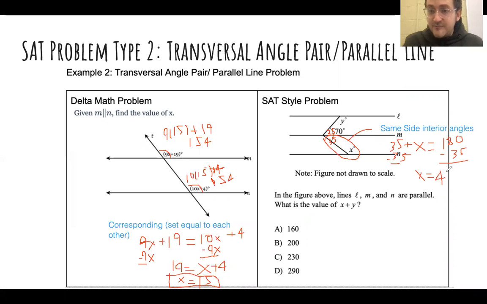And I'm going to do the same thing for y as well. Now, somebody who's pretty savvy could actually just say, okay, if these angles are congruent to 35s, that means that the x and the y have to be congruent as well. So that means that y has to be 145. But if I wanted to solve for y, I could just do 35 plus y equals 180.